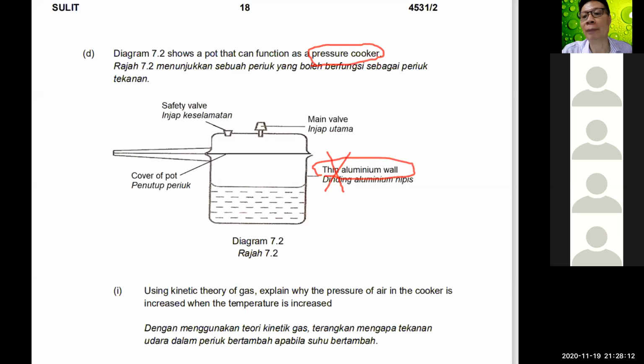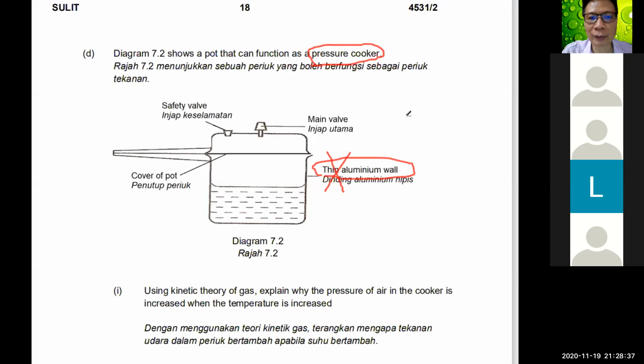Why when the temperature is getting higher, the pressure becomes higher? Okay, come, I want to hear from Liao Xingxiang. Xingxiang, can you try or not? Why when the temperature is high, the pressure becomes higher?